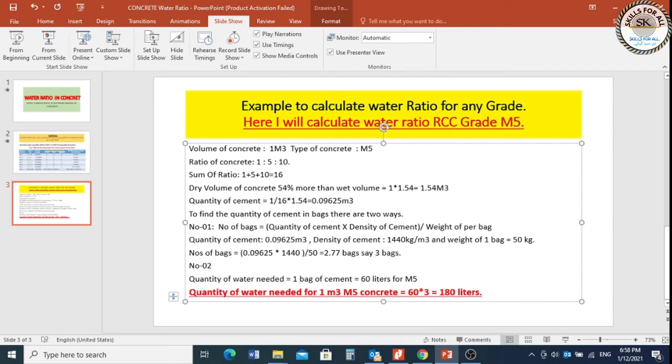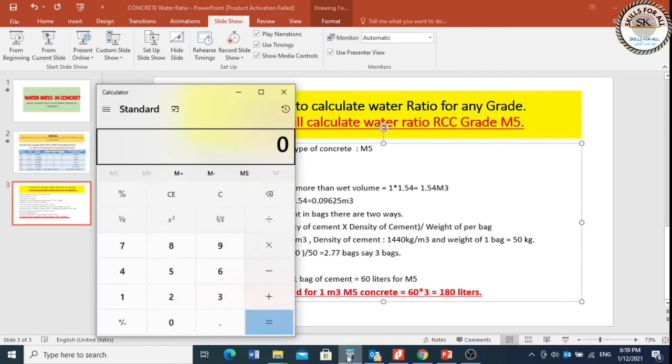We take the quantity of concrete, 0.09625, and divide it directly by 0.03472.